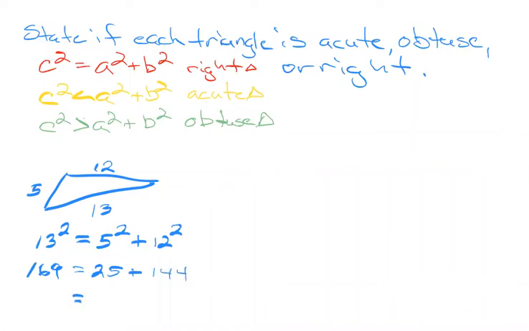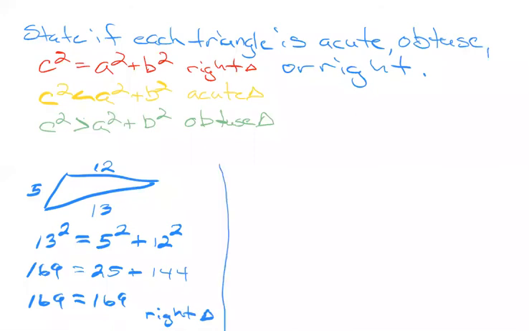We add these two up together and we get 169. So this one is 169 equals 169, then this is a right triangle.